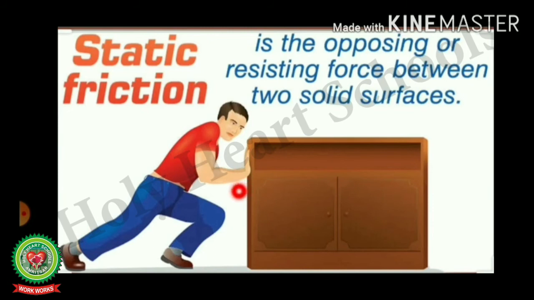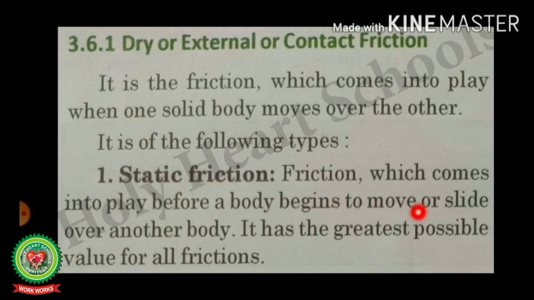When he applies more force, then box starts moving. So the initial force which resists the motion of the object, that is static friction. It has the greatest possible value for all frictions because it is the starting point of any motion.